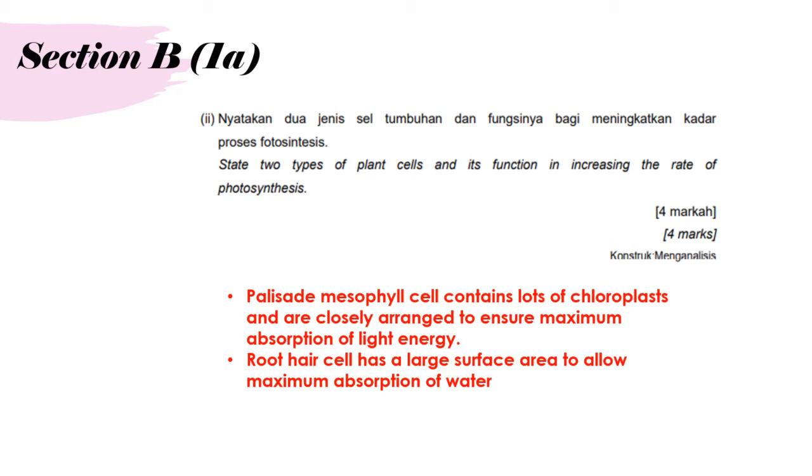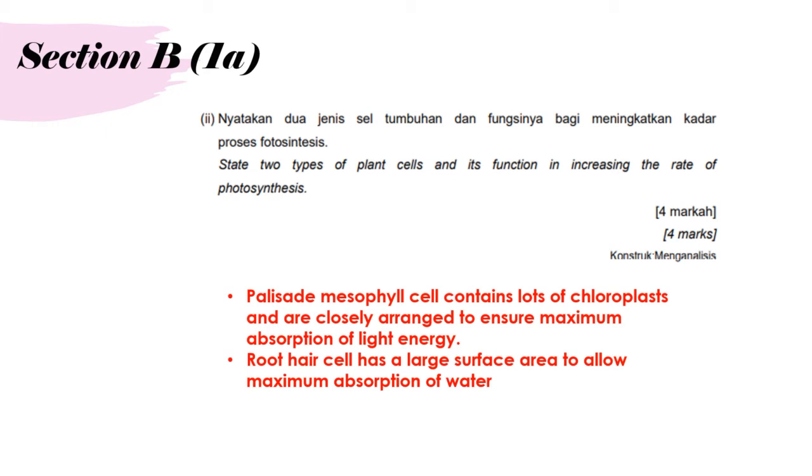When related to photosynthesis, you have to know that there is a cell that helps in photosynthesis. What is the cell? It is referred to the mesophyll cell. Mesophyll cell is important for photosynthesis.